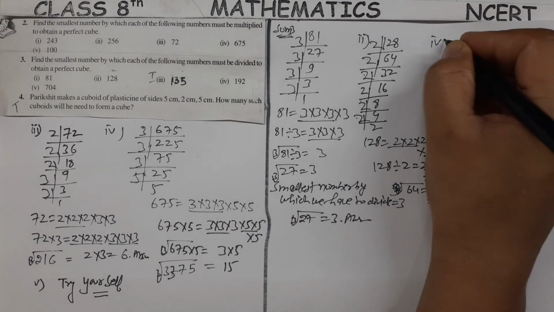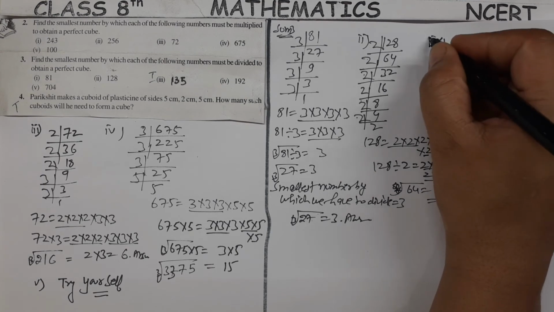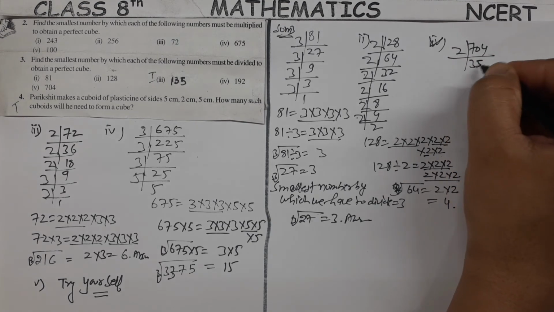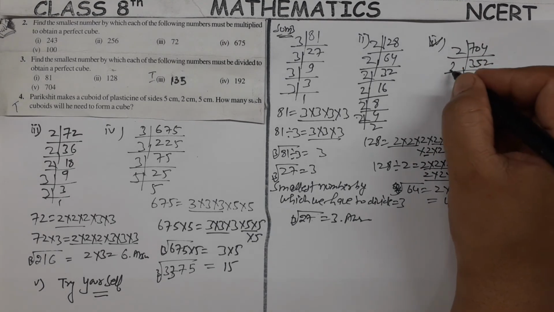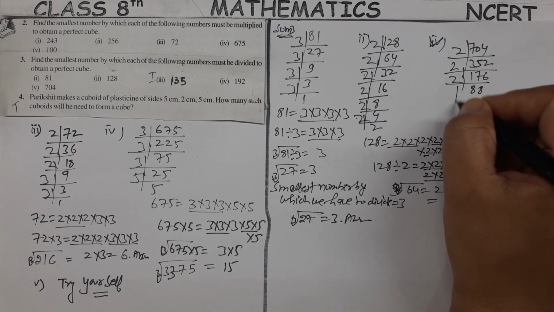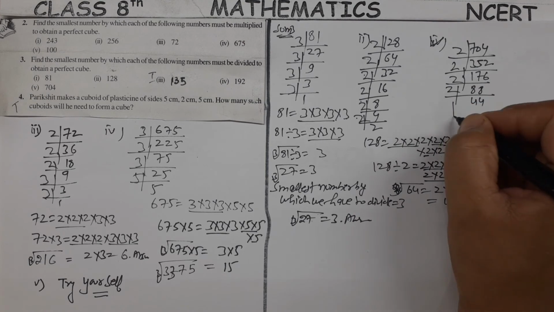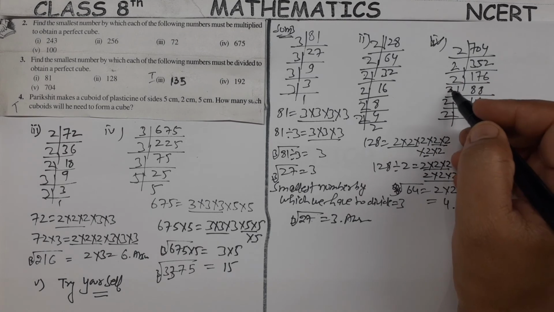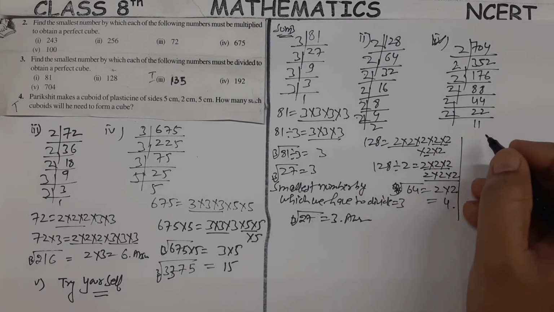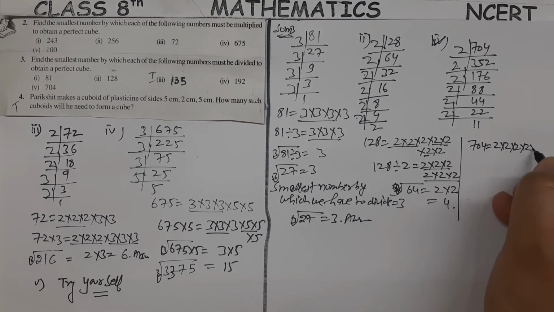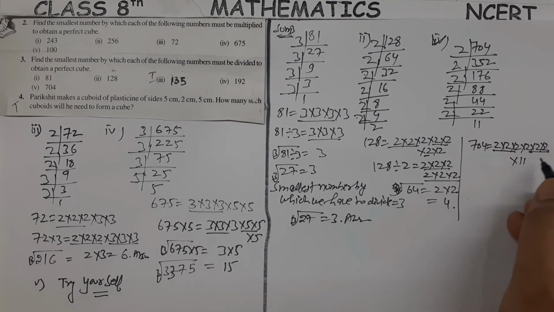Next, let me do part 5th. Third and fourth you will try yourself. Prime factors: 1, 2, 3, 4, 5, 6, 6 times 2, 1 time 11.